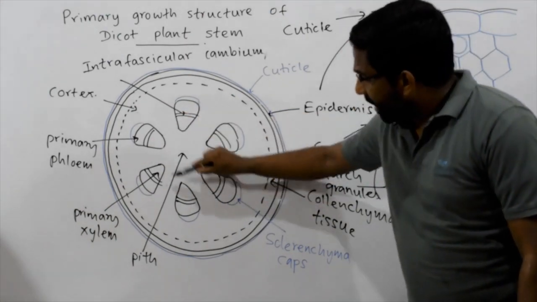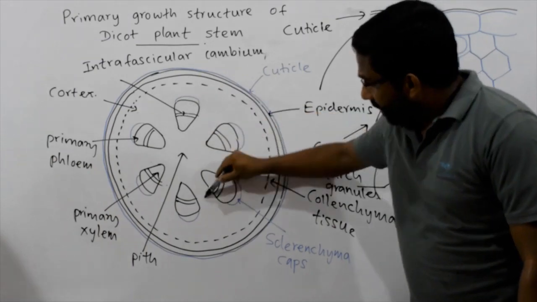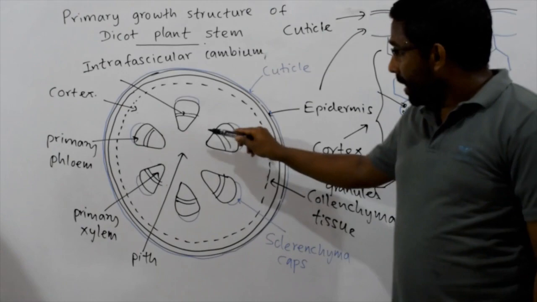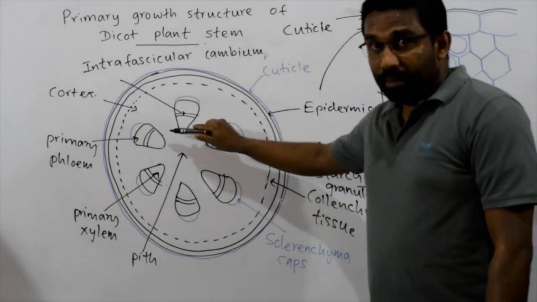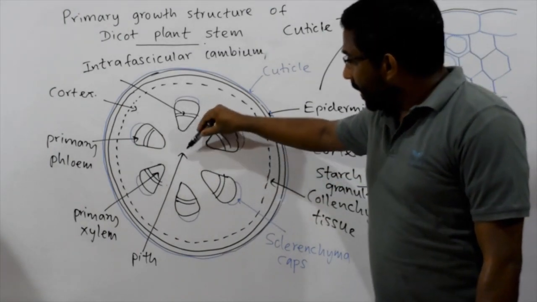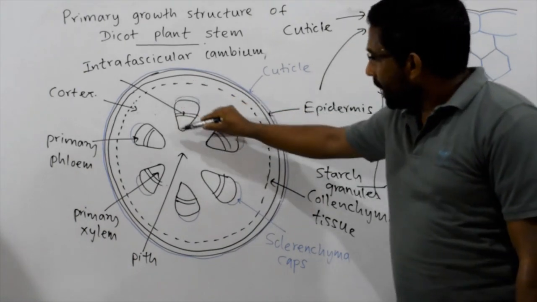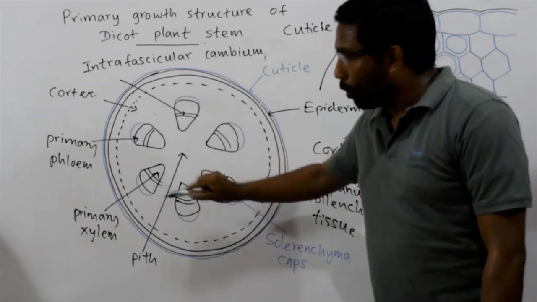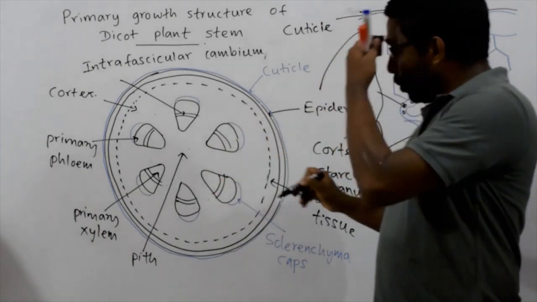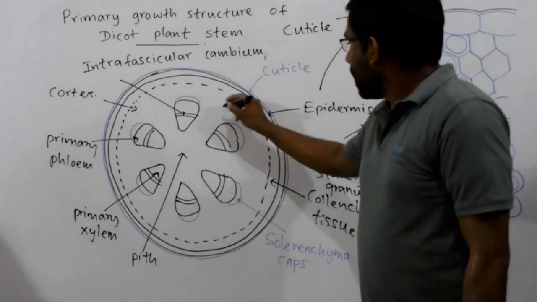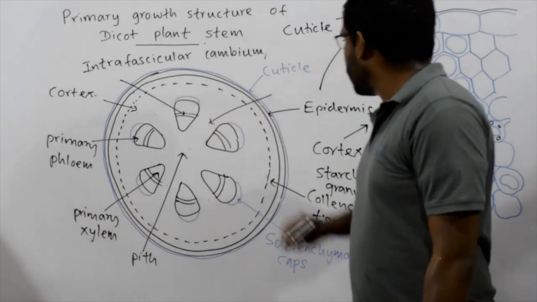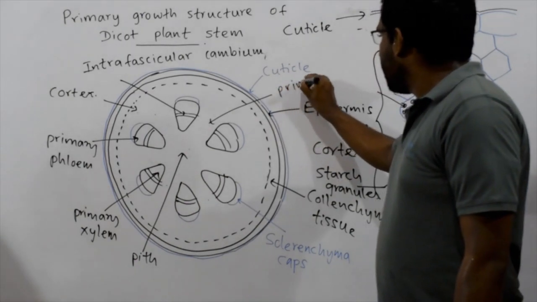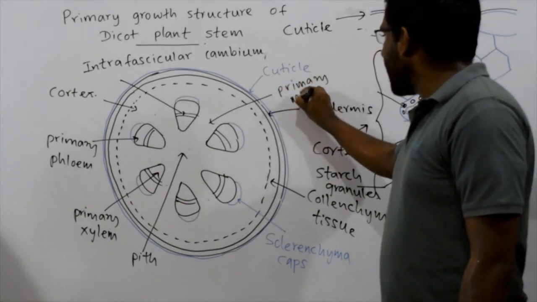These regions are made up of parenchyma cells which are radially arranged, connecting the pith to the cortex. These parenchyma tissue regions are known as primary medullary rays.